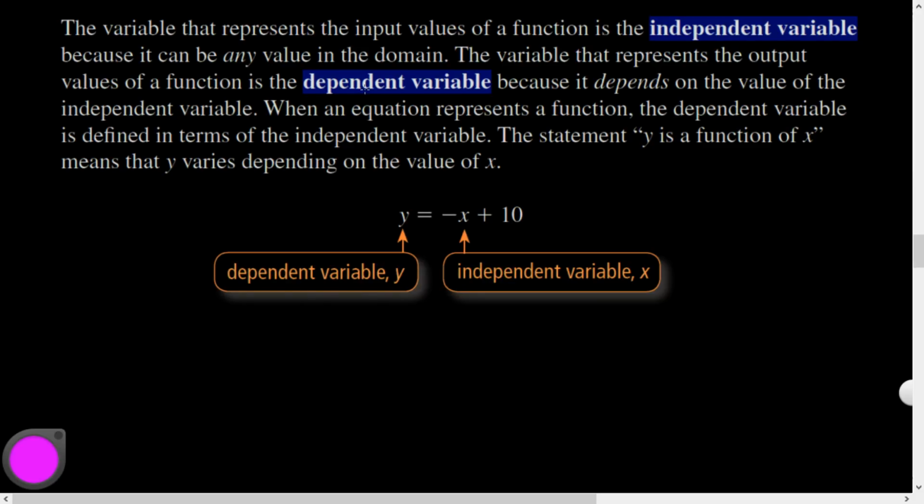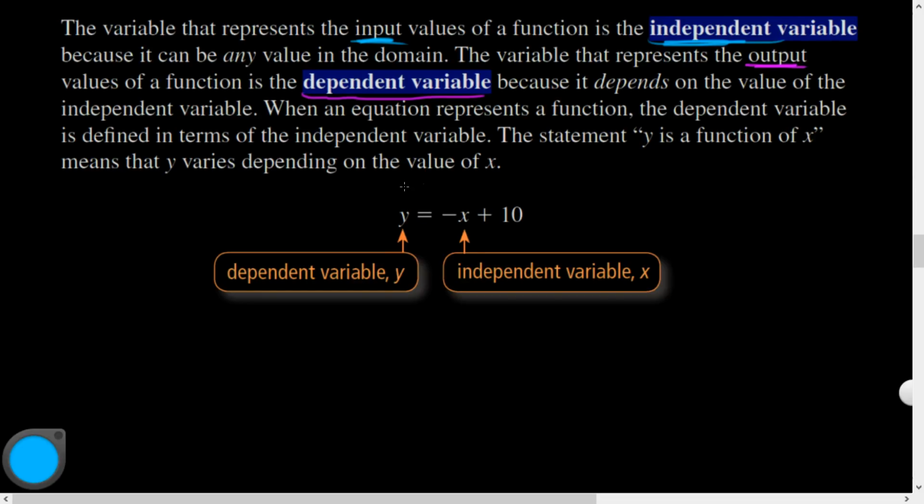The only way that is determined is by what the input was. So the output is called the dependent variable. Dependent is the output. The independent variable is the input.